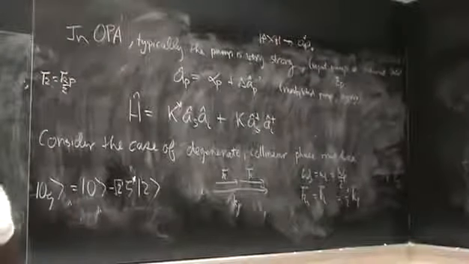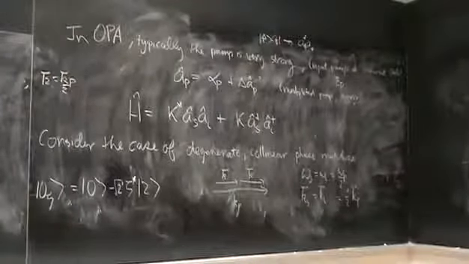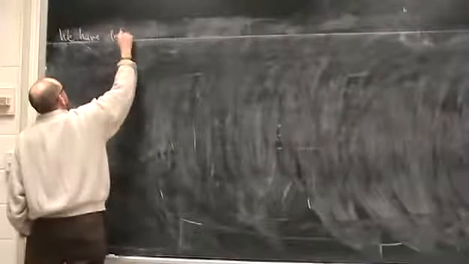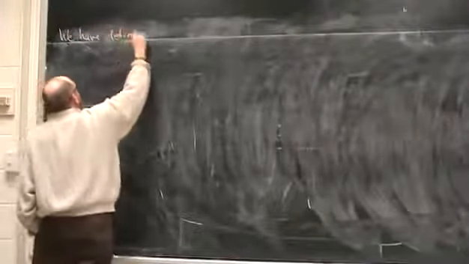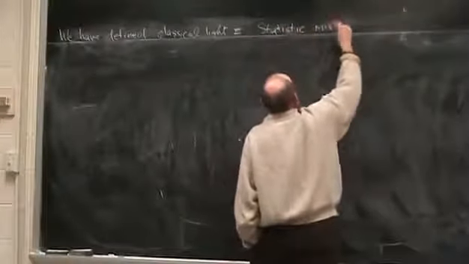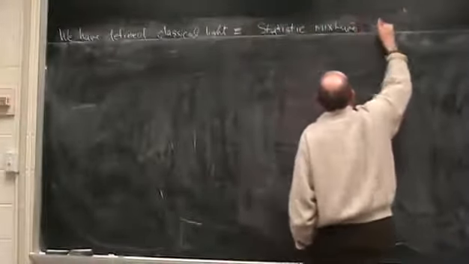Right. So let's elaborate on what we just said. We have defined classical light as equivalent to saying that we have a statistical mixture of coherent states.